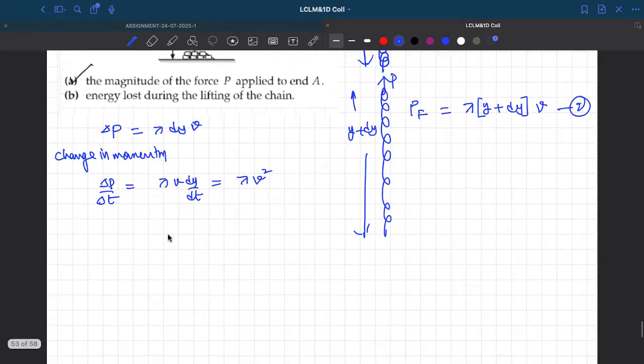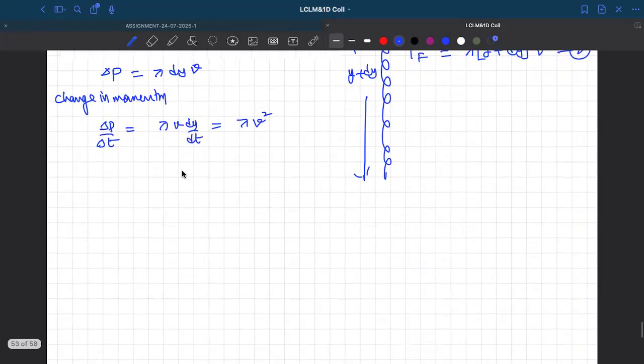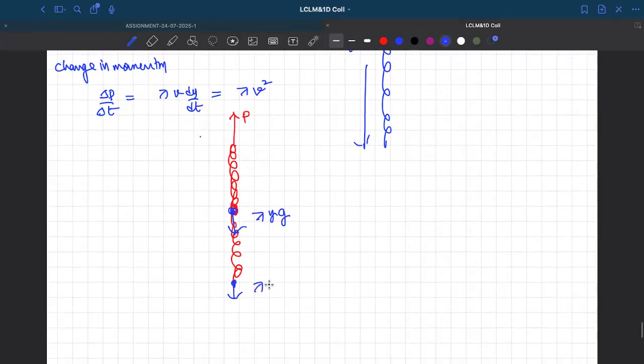So therefore, on this system, now I am changing the color. Now on this system you have the applied force P, and at a given instant lambda y g is the weight force, plus there is a thrust force which is lambda v square.